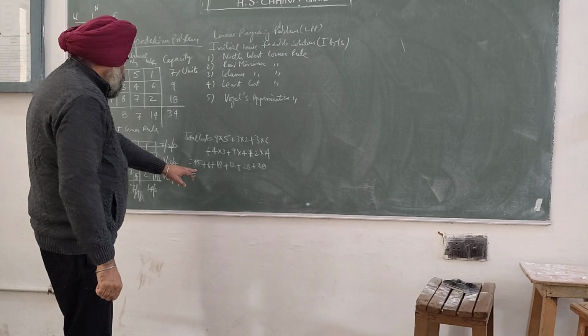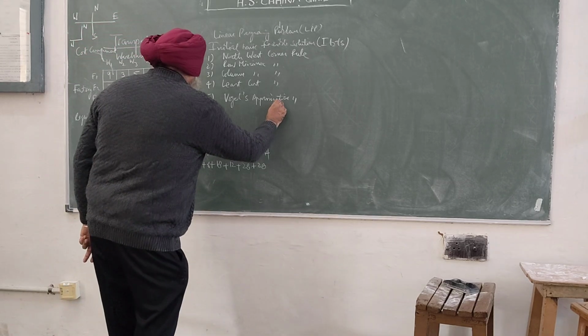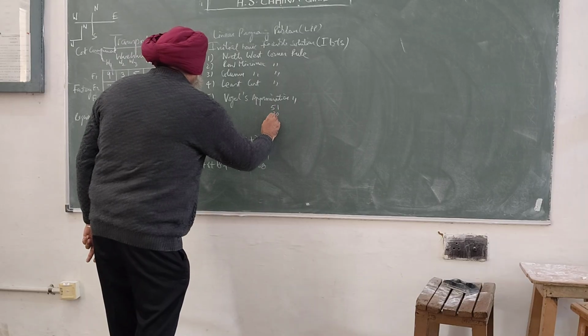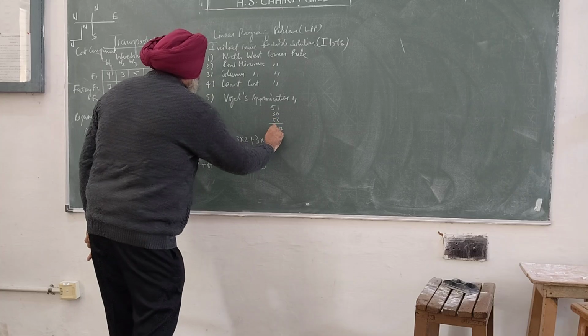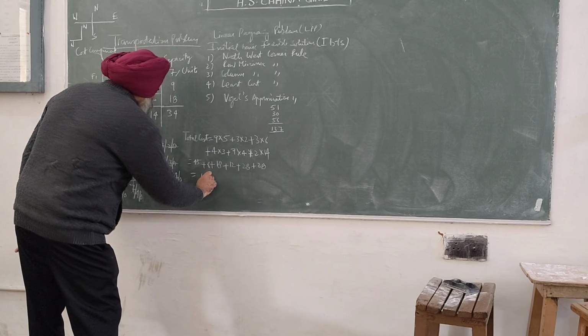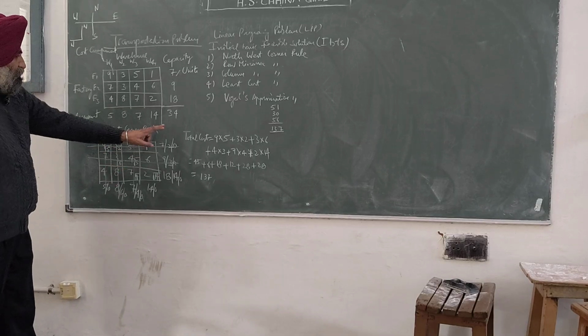This is 50, this is 51, plus 30 plus 56. This is the cost, 137. It costs rupees 137 when you are using the northwest corner rule.